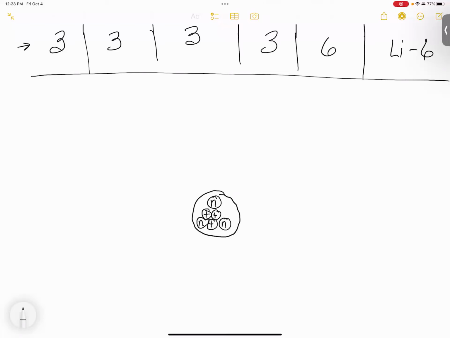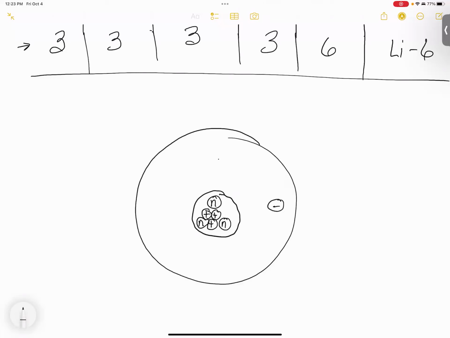That is where all of the mass is, in the nucleus. Pretty much all the mass is in the nucleus. And then as far as we're concerned, it has 3 electrons somewhere in the cloud. That is what I'm asking you to be able to mentally understand regarding the structure of the atom.